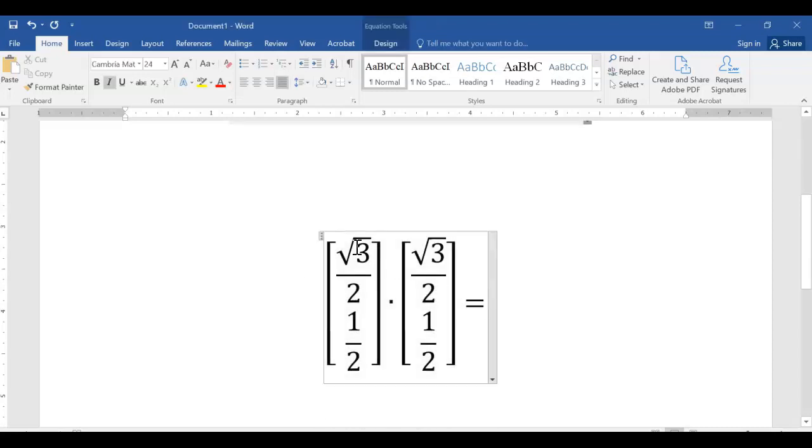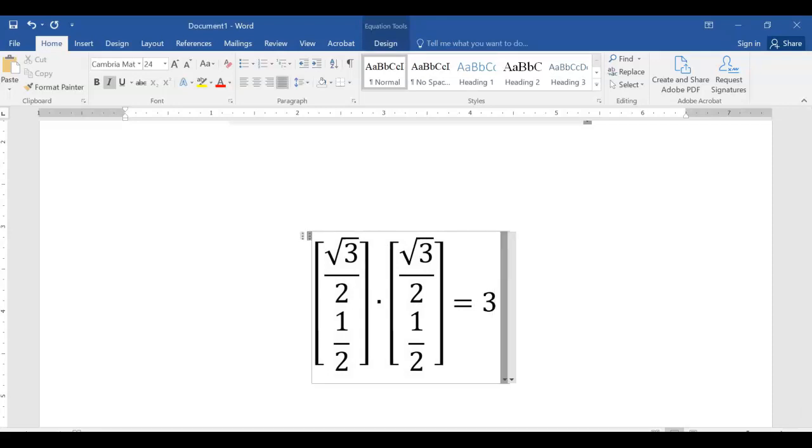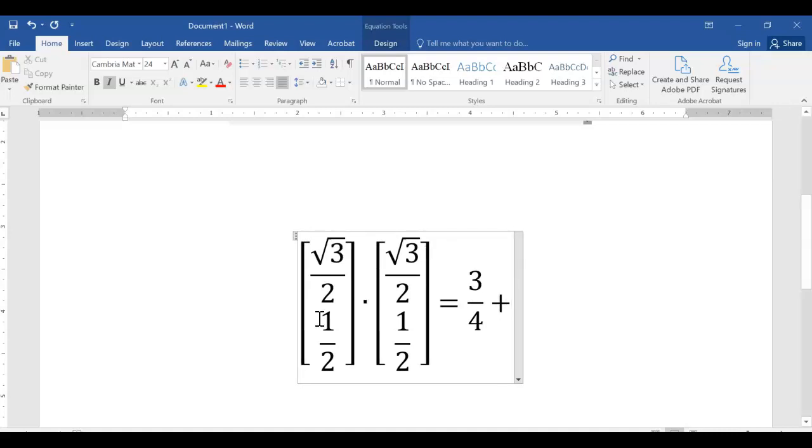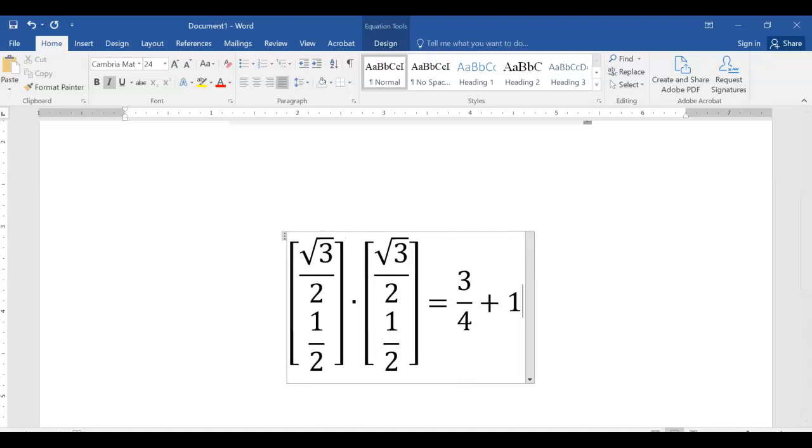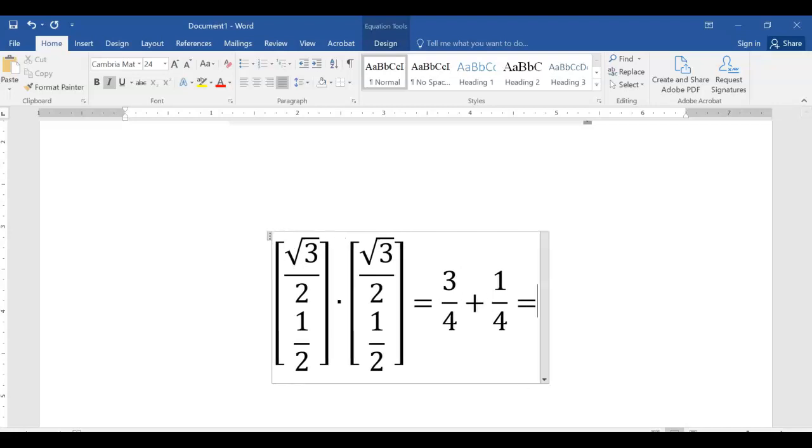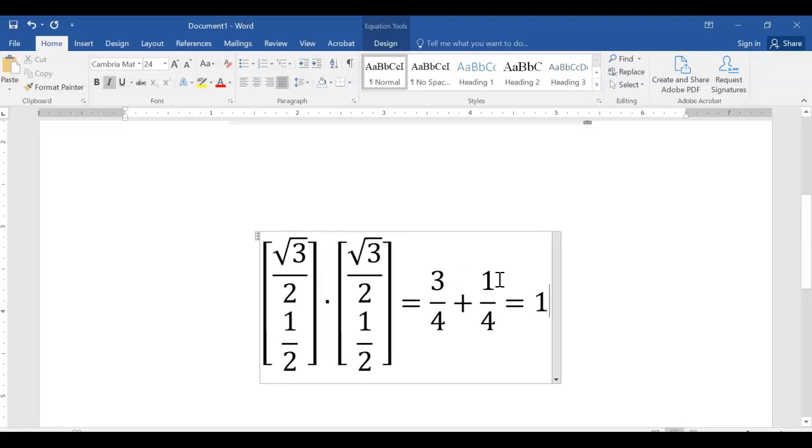When you multiply root 3 times root 3, you get just 3. 2 times 2 gives you 4, so 3/4. 1/2 times 1/2 gives me 1/4, and I get a 1. So again, that's the inner product. The length is the square root of that. But again, square root of 1 is 1 as well. So this vector has length 1.